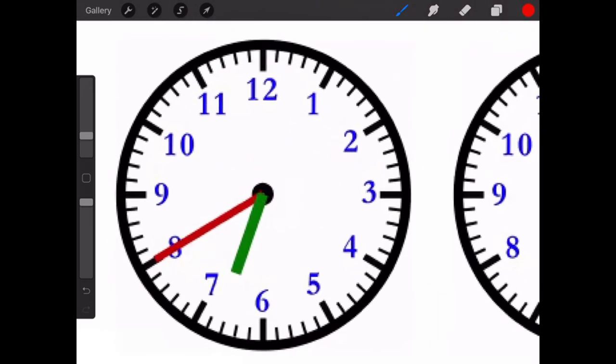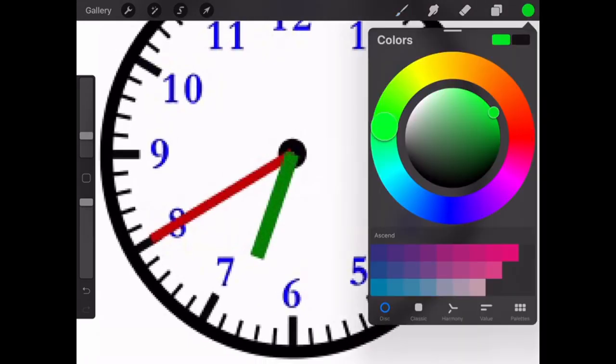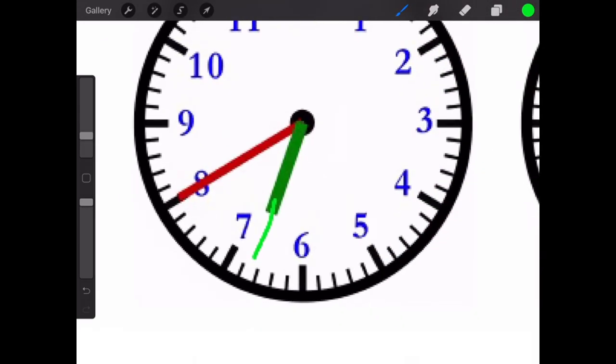A trick that I want you to remember is that when you're looking at the hour hand, you always want to go to the number that is back from it, not the one that it's closest to. Because on this clock right here, if you can see, the hour hand is closer to the 7 than it is to the 6. But this hour hand is not 7 o'clock.